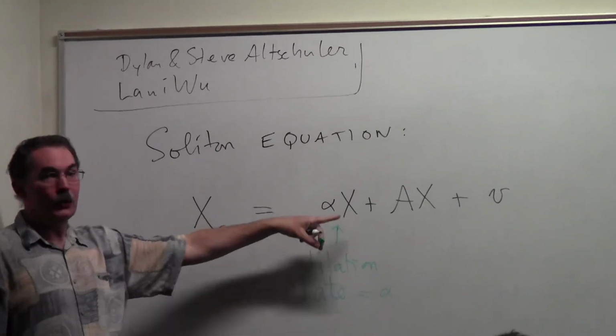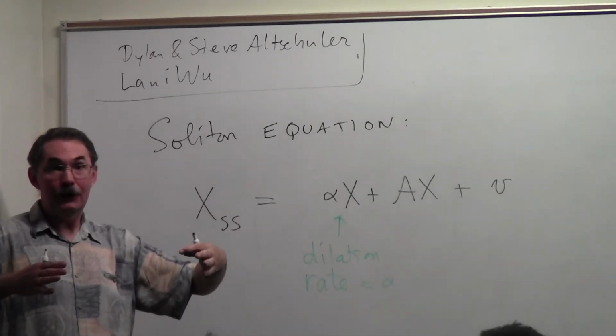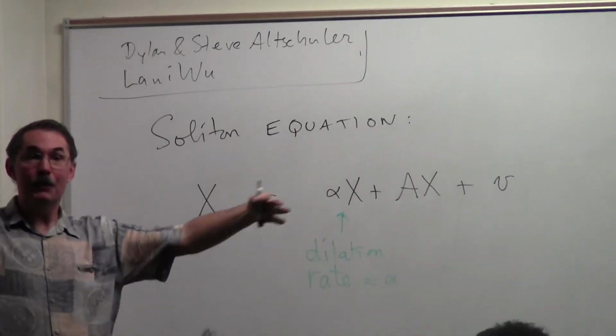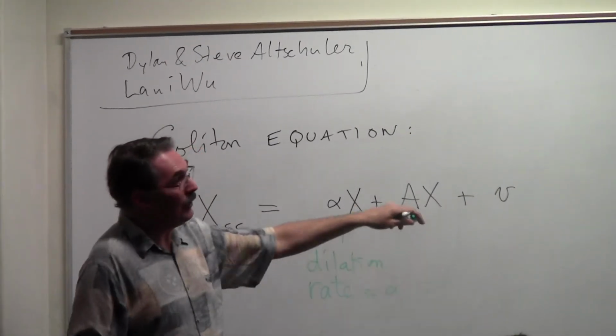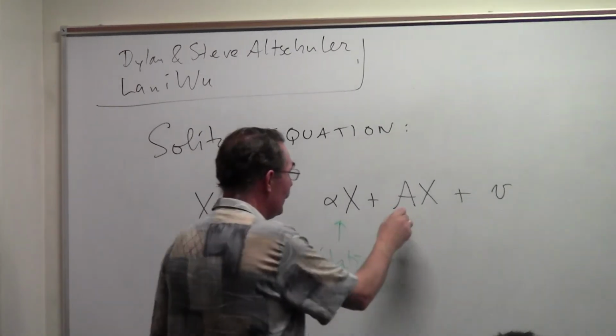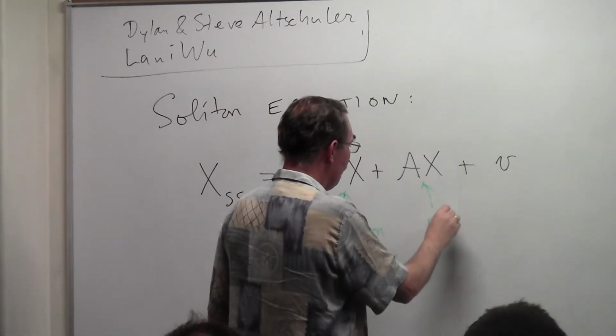Right, this term makes the curve dilate by a factor alpha. So if alpha is positive, the curve will expand, and if alpha is negative, the curve will shrink. This A is that rotation matrix over there, so this term causes it to rotate.